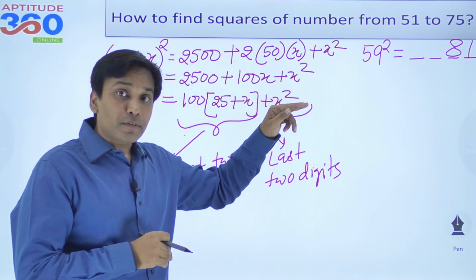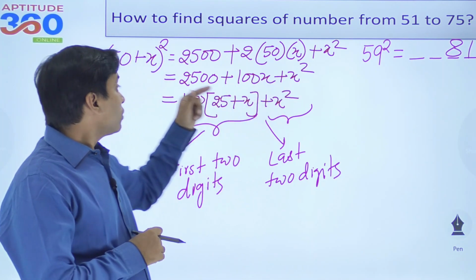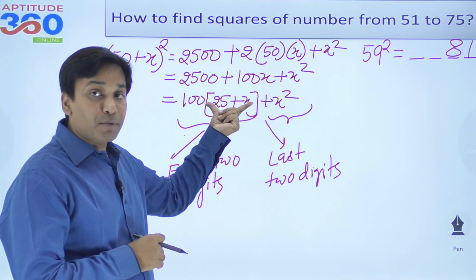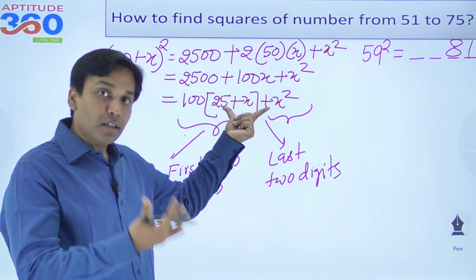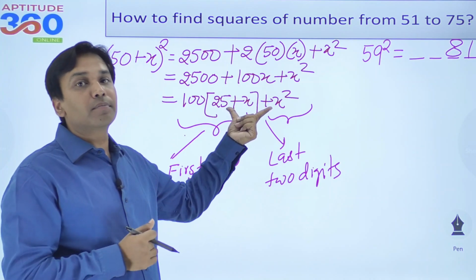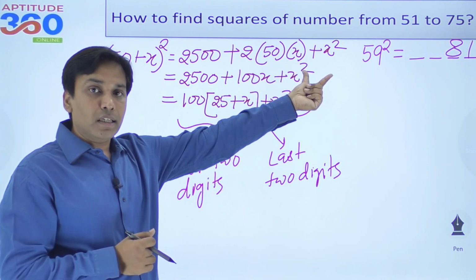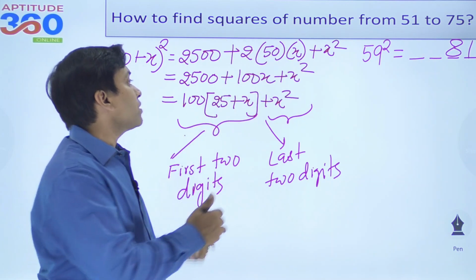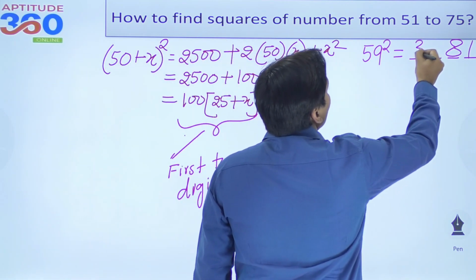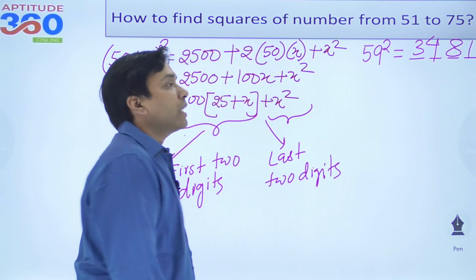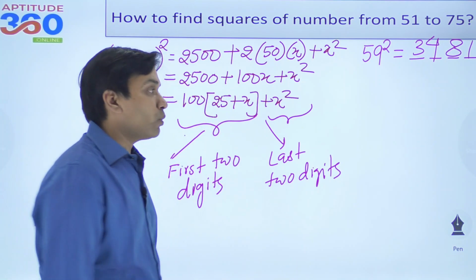And how do I find out the first two numbers? Rather than subtracting, what I have to do out here is add the difference to 25. So this 59 is 9 more than 50. So 9 plus 25 is going to be 34. So this number 59 square is going to be 3481.